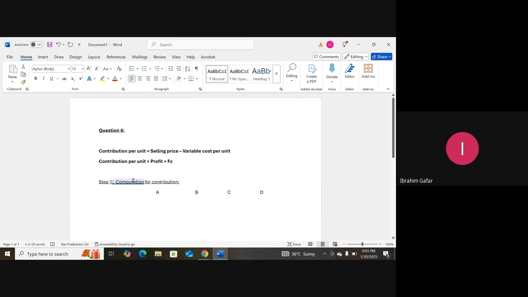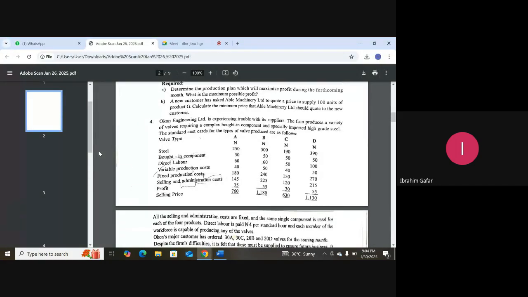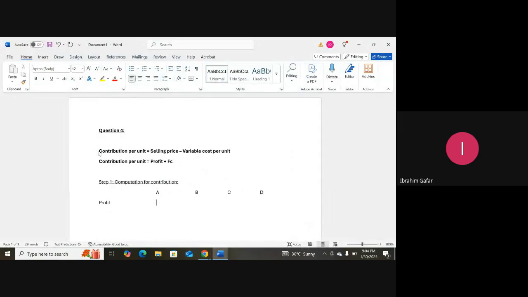So this is where I want everybody to participate now. I've tried the first formula in our first class. Then let's try the second formula this time around. What's our profit for product A? 35 mil.